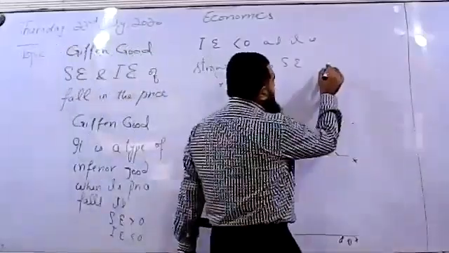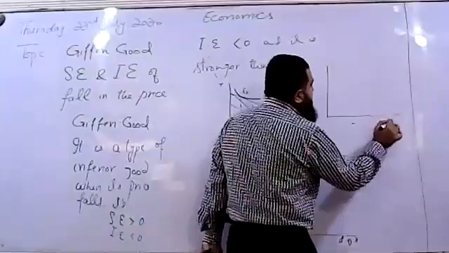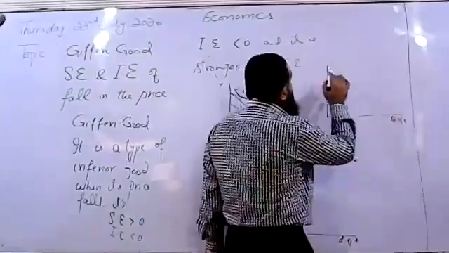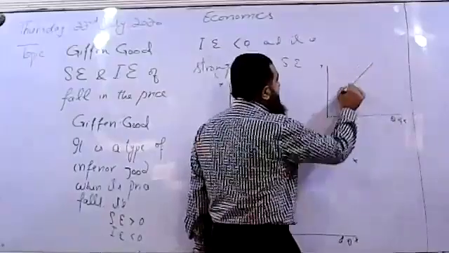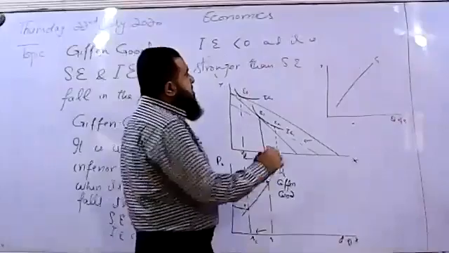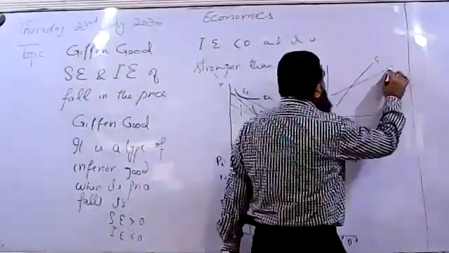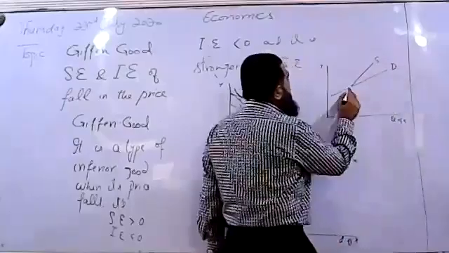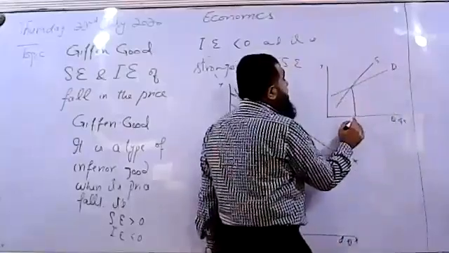If I say, what will be the market condition of this demand curve of Giffen good? You can see this is a supply curve of a Giffen good. So this is going to be the demand curve. This is the demand of a Giffen good. So here it is equilibrium.